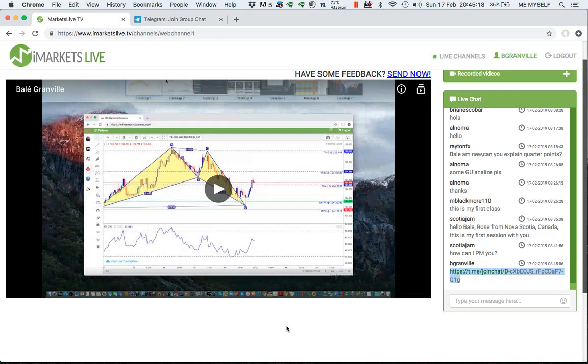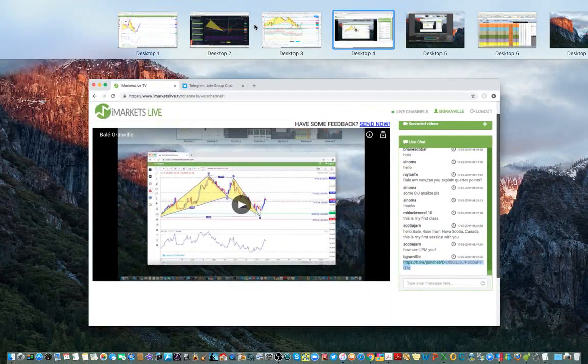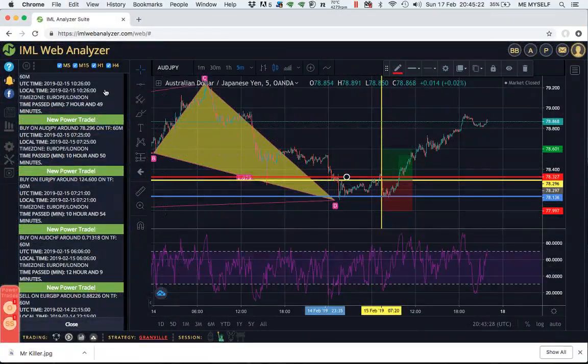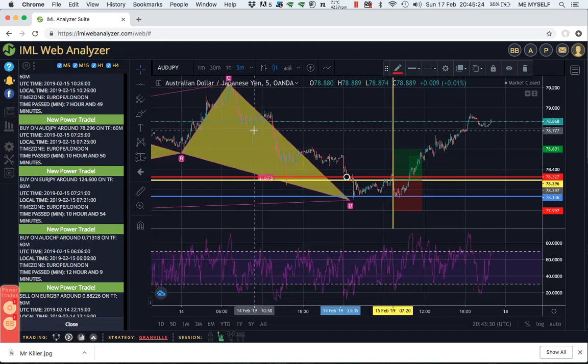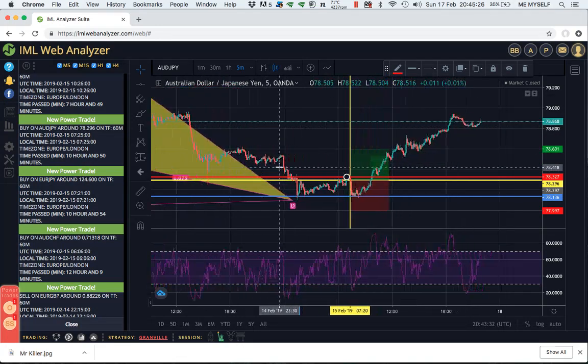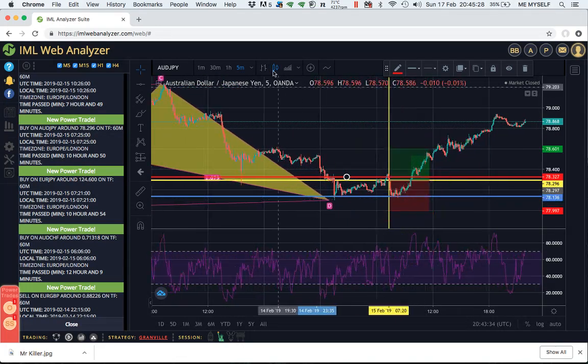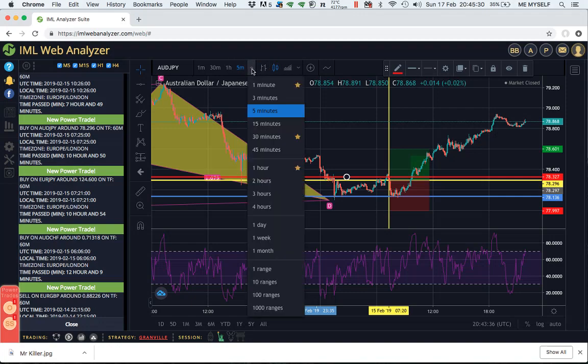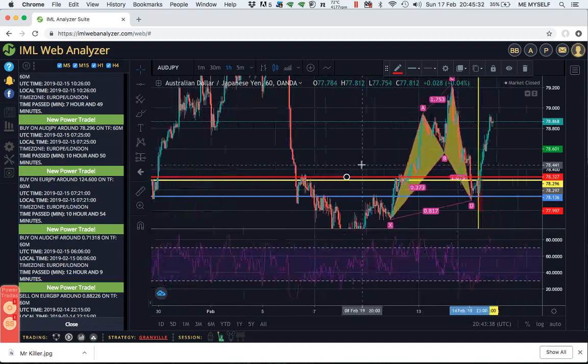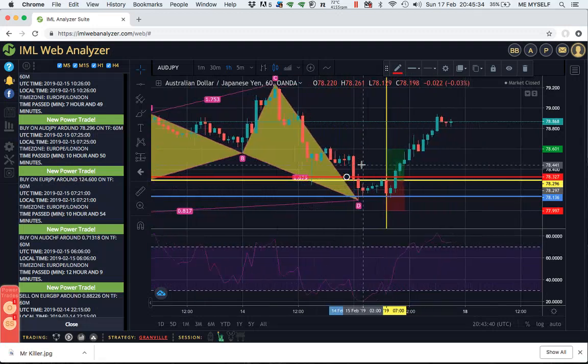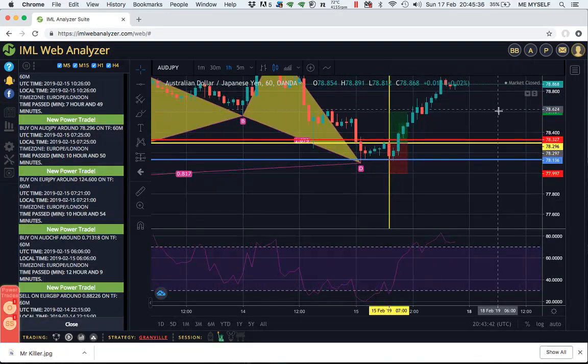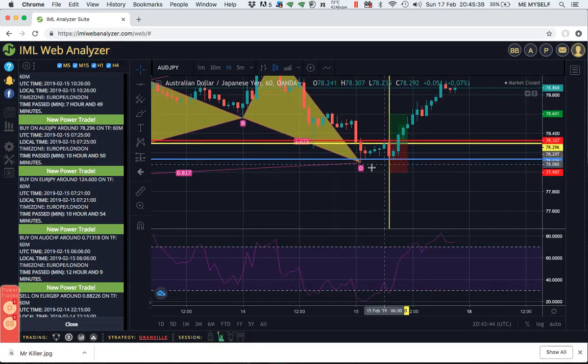So I literally just showed you 3 examples of the power trades using the harmonic scanner as your guide. And again, if we go back to the 1 hour time frame, we could see here on this harmonic pattern and on this harmonic scan, there is divergence as well.